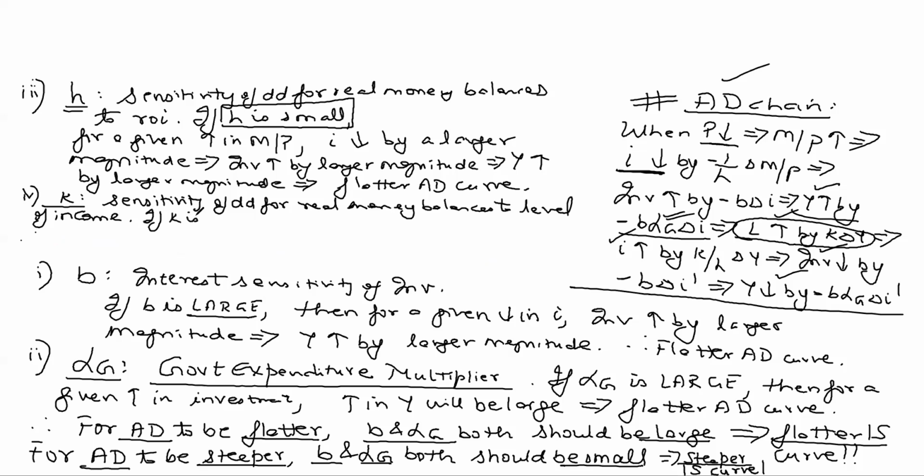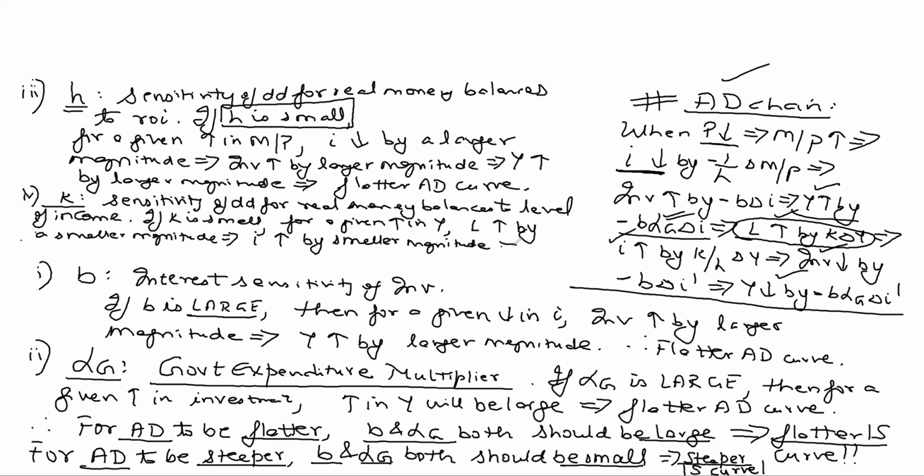If K is small, for a given rise in output, money demand will increase by a smaller magnitude, which implies interest rates will increase by a smaller magnitude, which implies investment will fall by a smaller magnitude, which implies output will eventually fall by a smaller magnitude, which implies less crowding out.